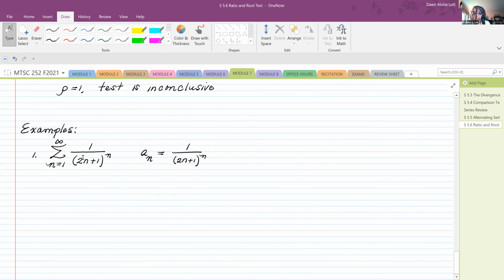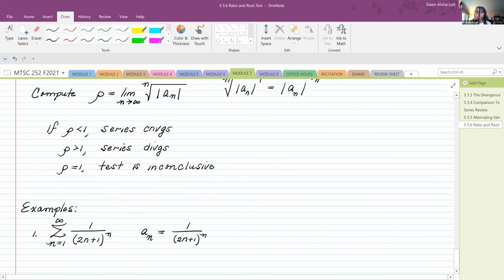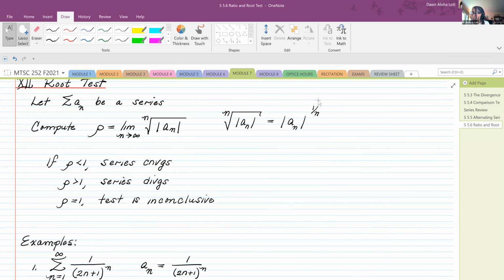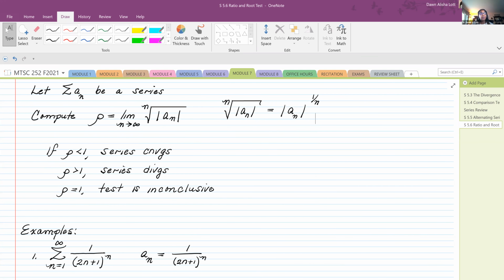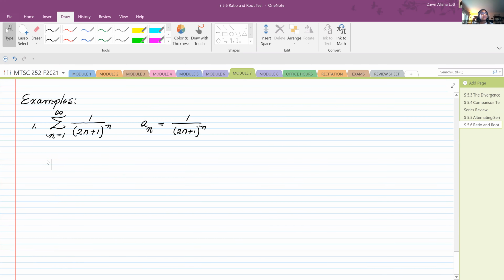And the absolute value of this thing is the same as taking (1 over 2n plus 1) raised to the nth power, to the 1 over n power.